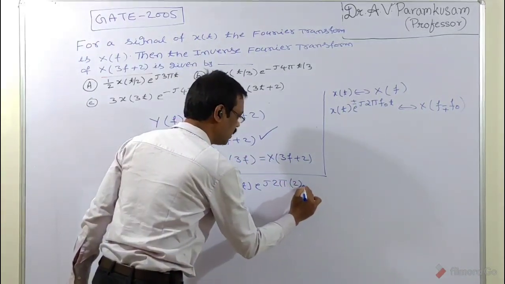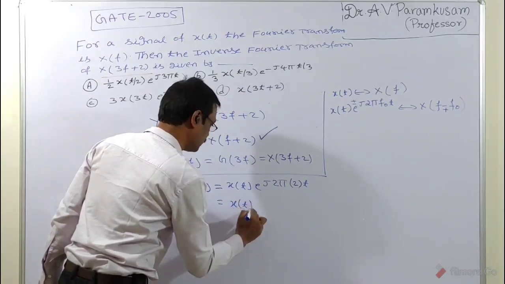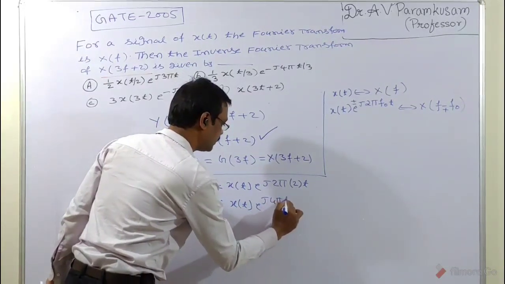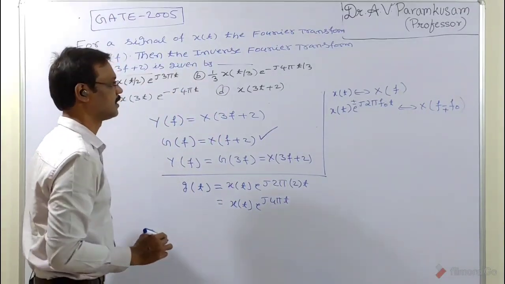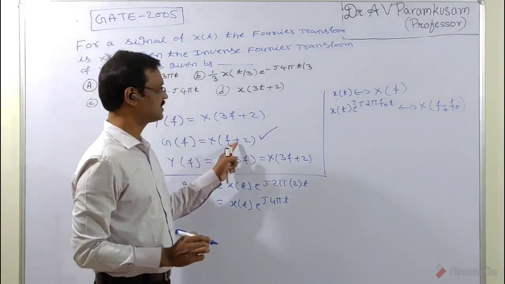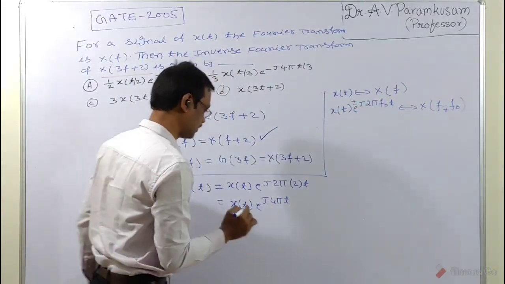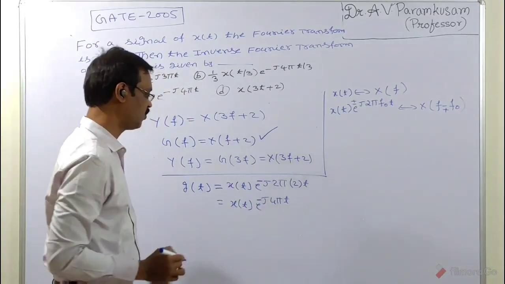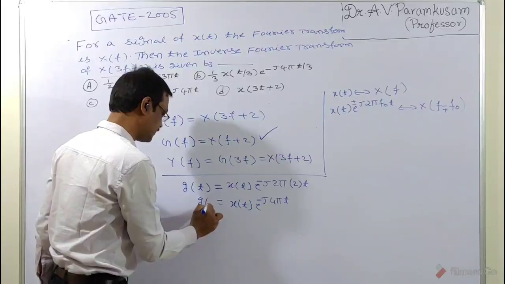So this is equal to x of t into e power j 4 pi t. Here the plus sign is there, so we need to put a minus sign here: e power minus j 4 pi t. Okay, so g of t is obtained.